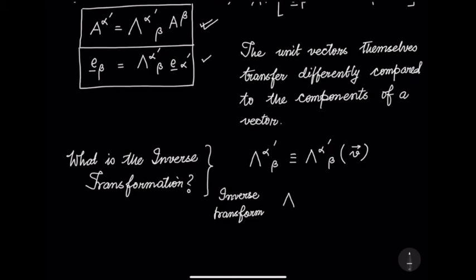Because the inverse transformation will take me from primed to unprimed, on the right hand side I will have primed, which means the up index of lambda will not be primed. So let me call that mu, and the bottom index now will be primed.